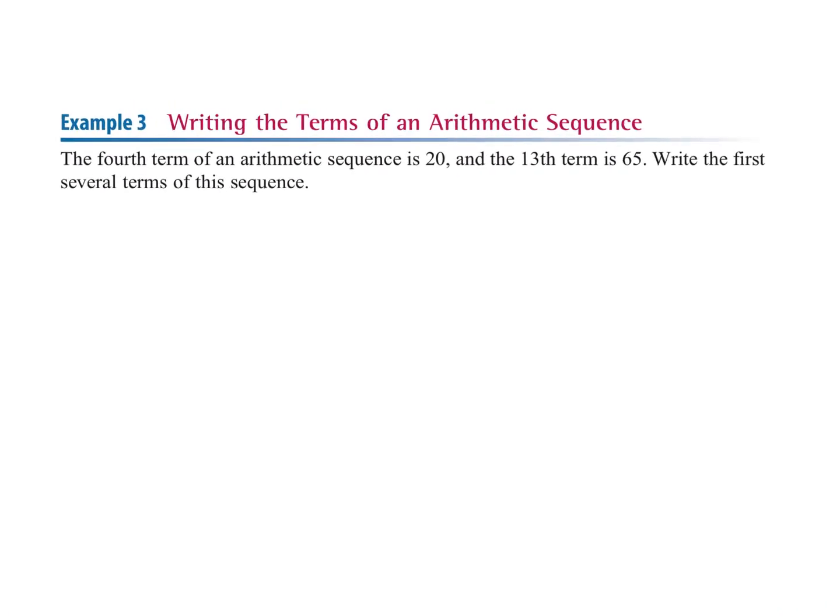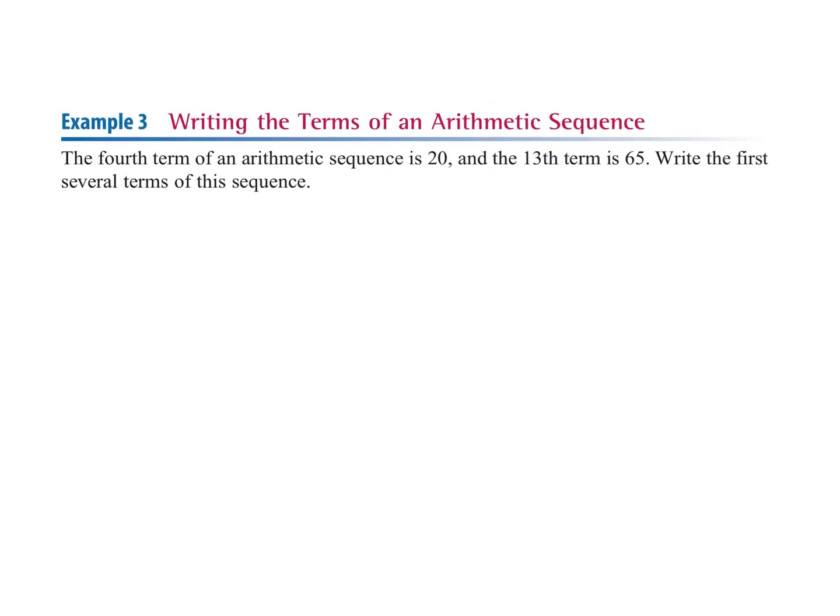All right, for 3, we're doing the same thing, but it gives us the 4th term of the sequence and the 13th term of the sequence. We have to come up with the formula given this. It gives us a sub 4, which is 20, and a sub 13, which is 65.